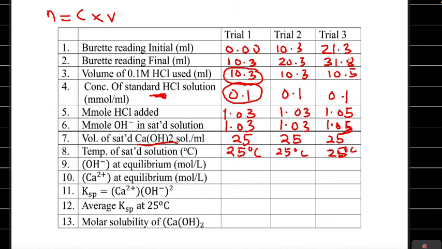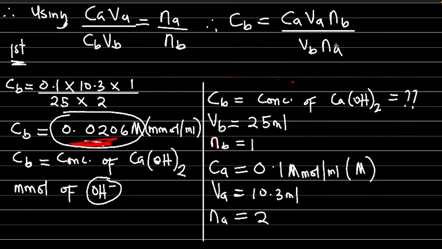Now for the third, the volume of the acid you're going to make use of is 10.5. Remember I told us to understand how I solved the first trial, and repeat it for the second and third. But if time is not on your side, you can just replicate what you have in the first trial for the second trial because they're almost the same thing.